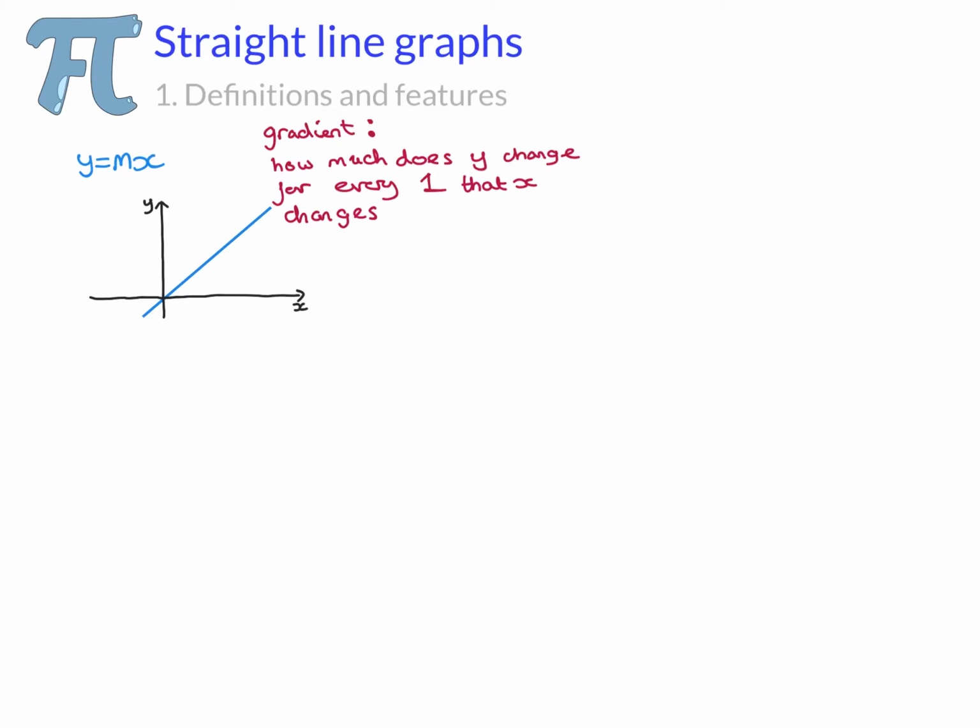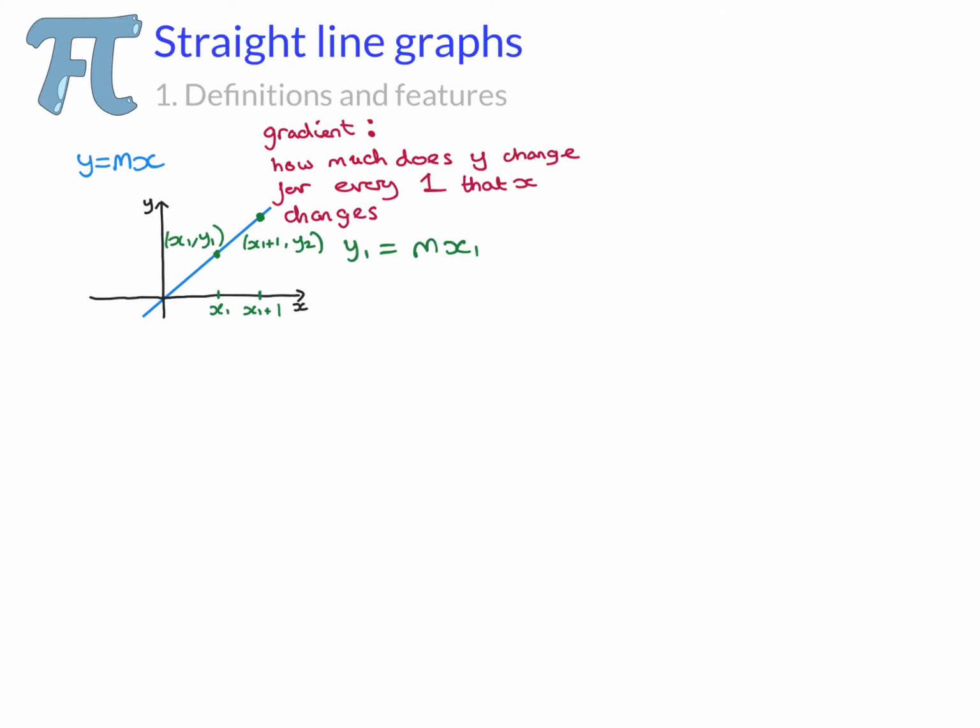If we go to an x-coordinate on this line, call it x1, we know the y-coordinate will be m times x1. We then want to see what happens when x changes by 1. So this time, the x-coordinate will be x1 plus 1.